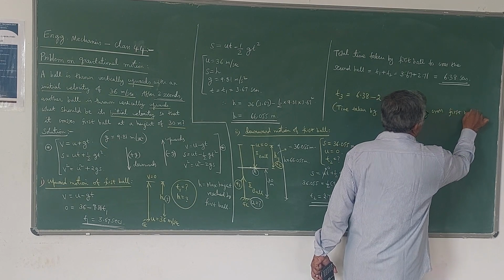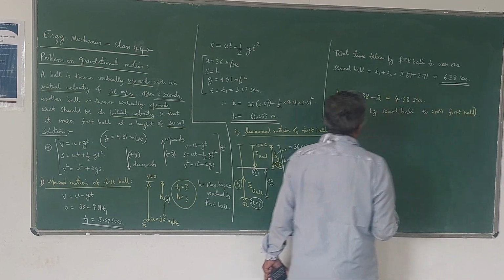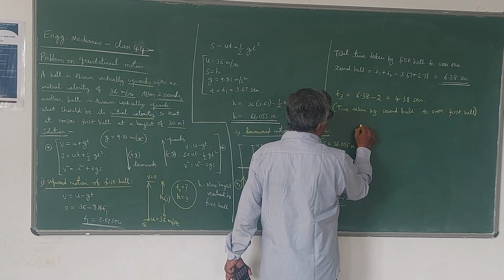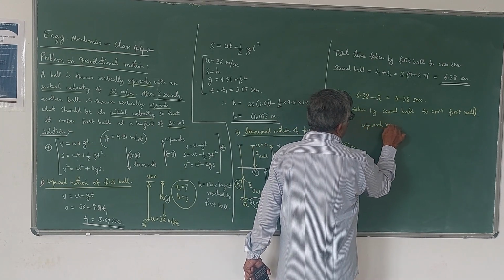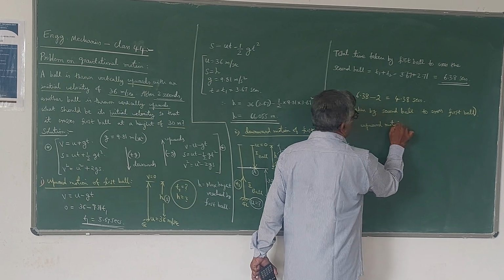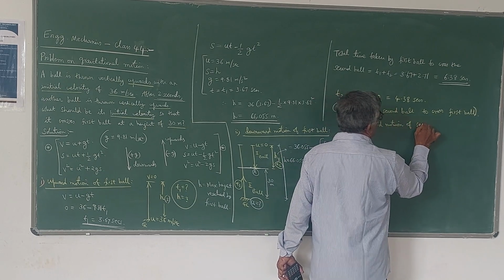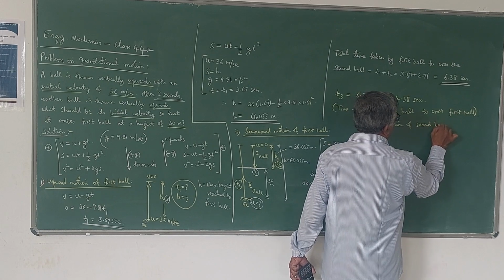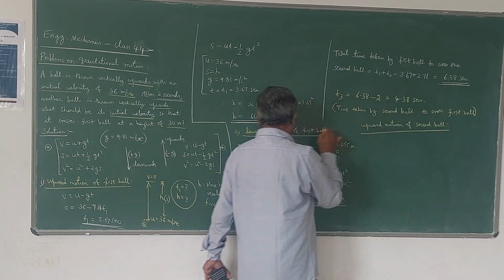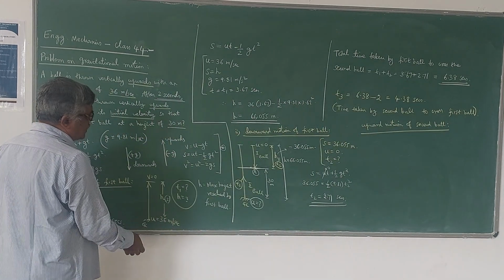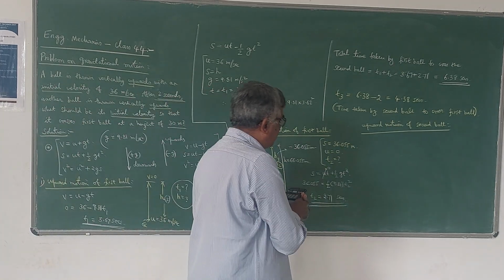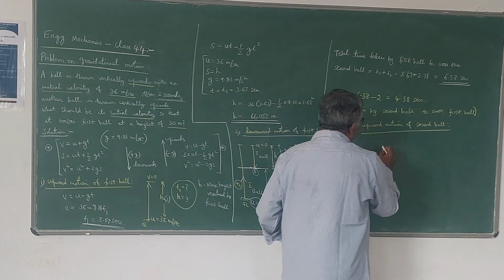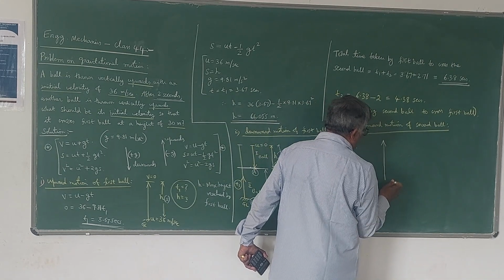So the difference in time you have to take. Now for the second ball, I will take the upward motion, because the second ball is only moving upwards. There is no downward motion. See, now I write the equation for the second ball.